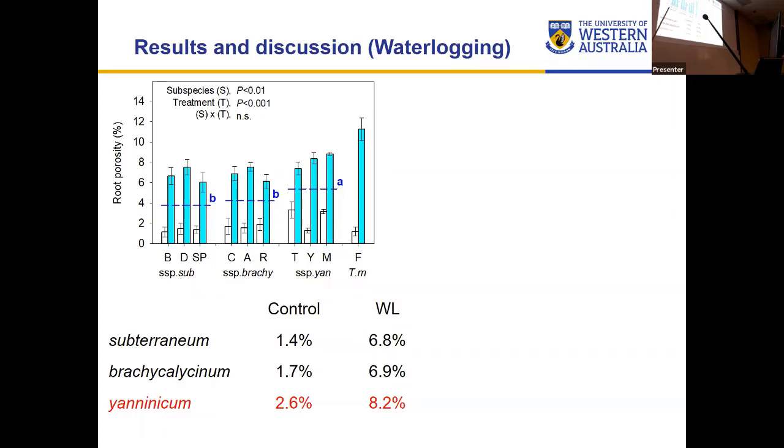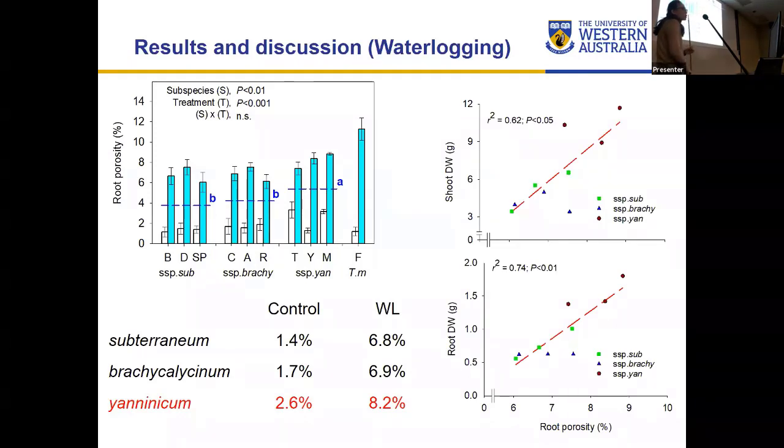Another notable observation was the high constitutive porosity in subspecies Yanninicum. Constitutive porosity is root porosity in a well-drained or aerated condition, which also contributes to internal aeration and waterlogging tolerance. In particular, cultivars Trikkala and Meteora had a constitutive porosity beyond 3%.